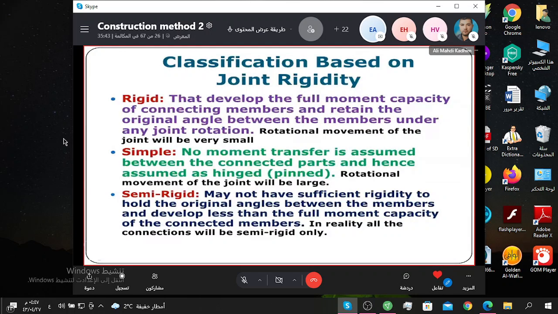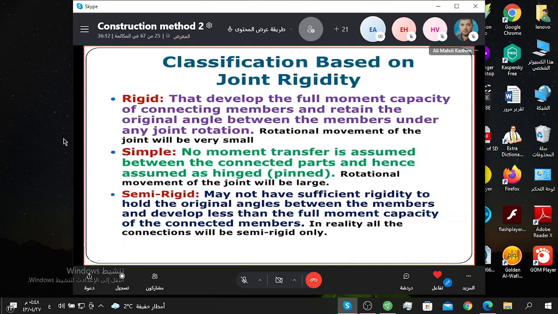Classification based on joint rigidity. Rigid: they develop the full moment capacity of the connected members and retain the original angle between the members under any joint rotation. Rotational movement of the joint will be very small. Simple: no moment transfer is assumed between the connected parts and hence assumed as a hinge.